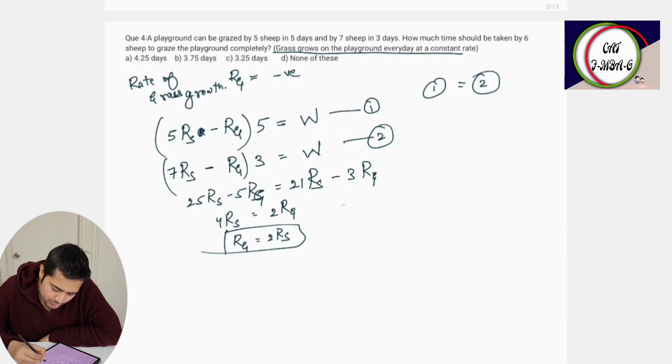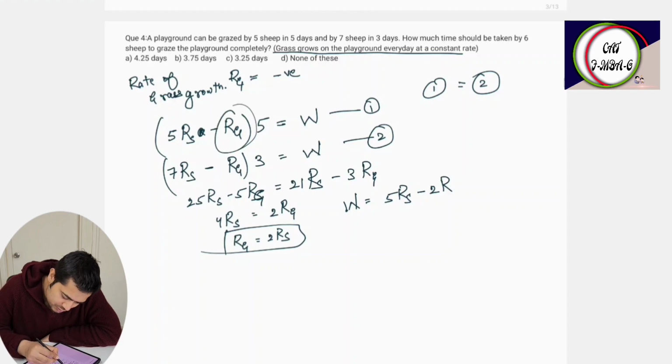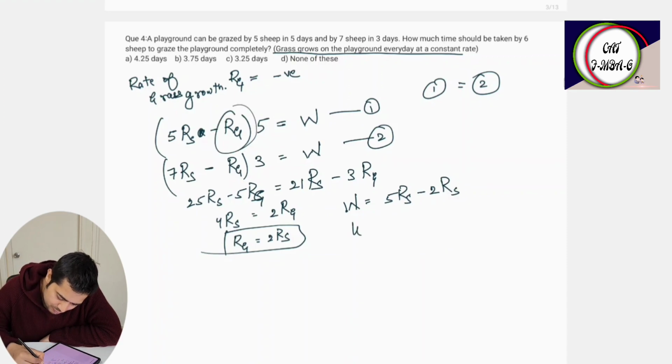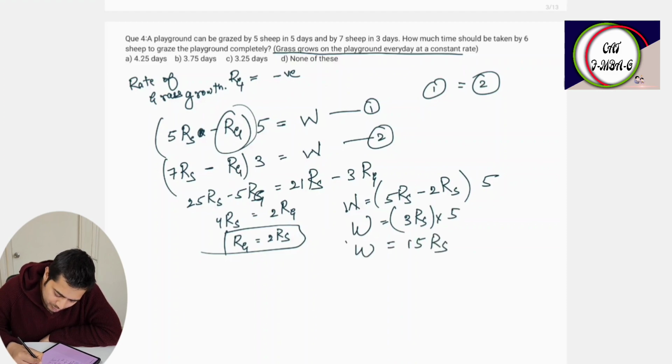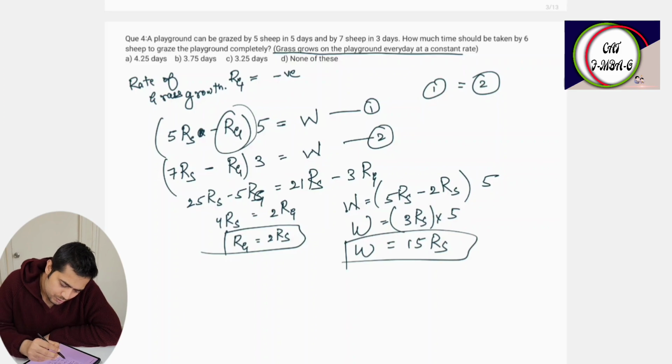Simple. Total work is equal to 5 into RS minus RG, meaning 2 RS. So 3 RS into 5 is equal to 15 RS. This is the total work. How much time will it take by 6 sheep?